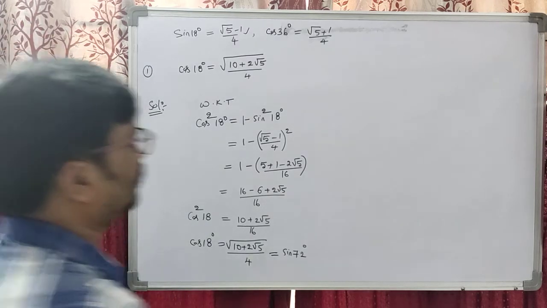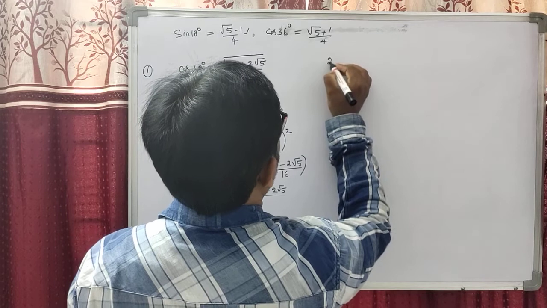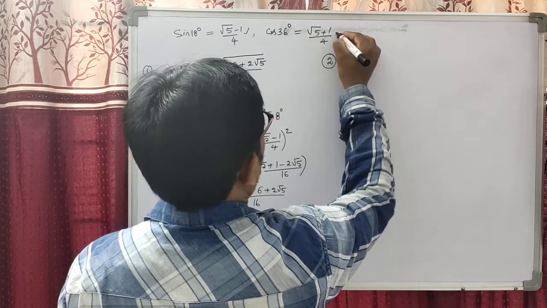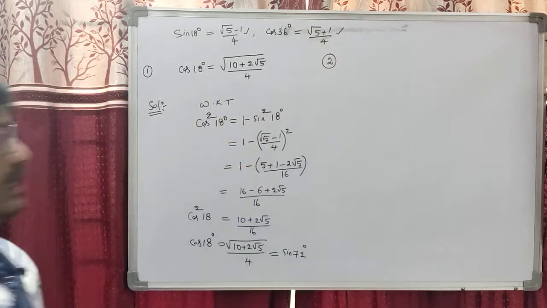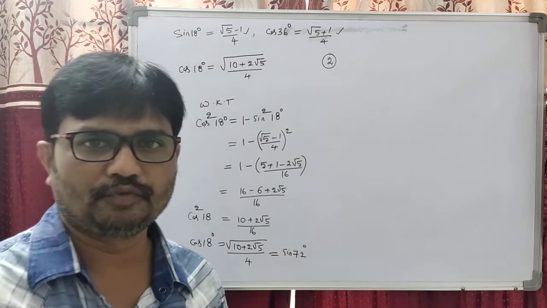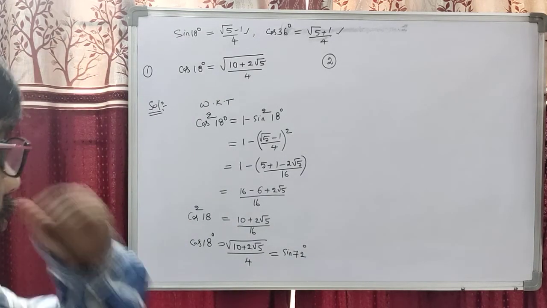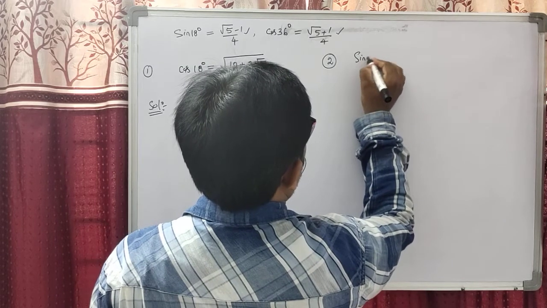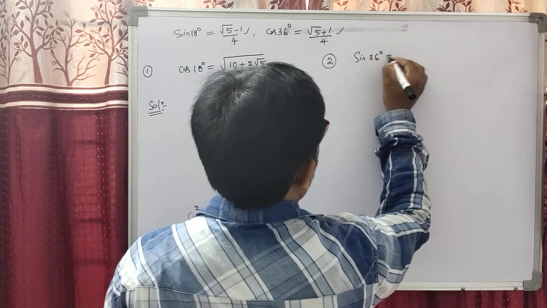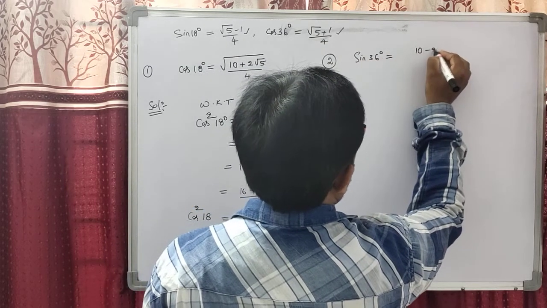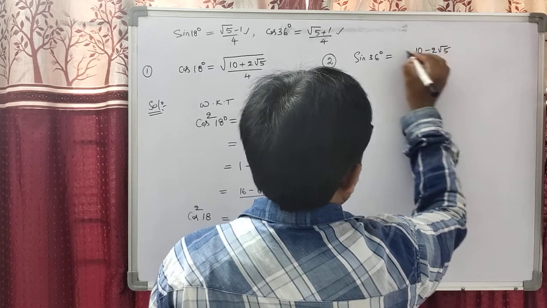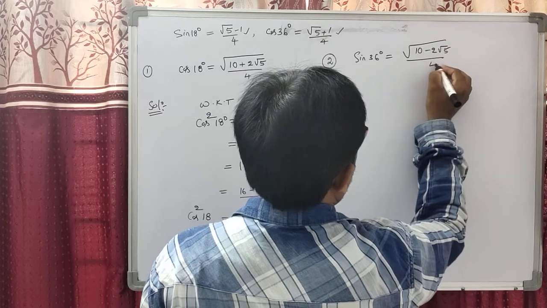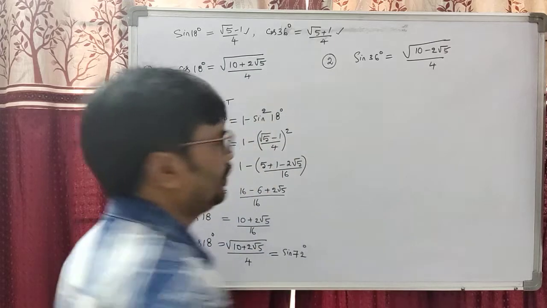Okay, students. Now the second one, my dear students, we know that the value of cos 36 degrees is (root 5 plus 1) by 4. Now the value of sin of 36 degrees equals root of (10 minus 2 root 5) by 4.